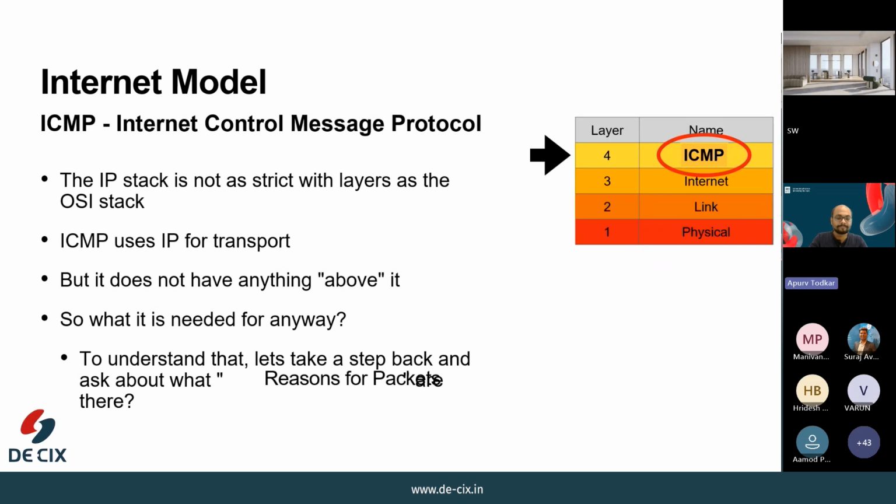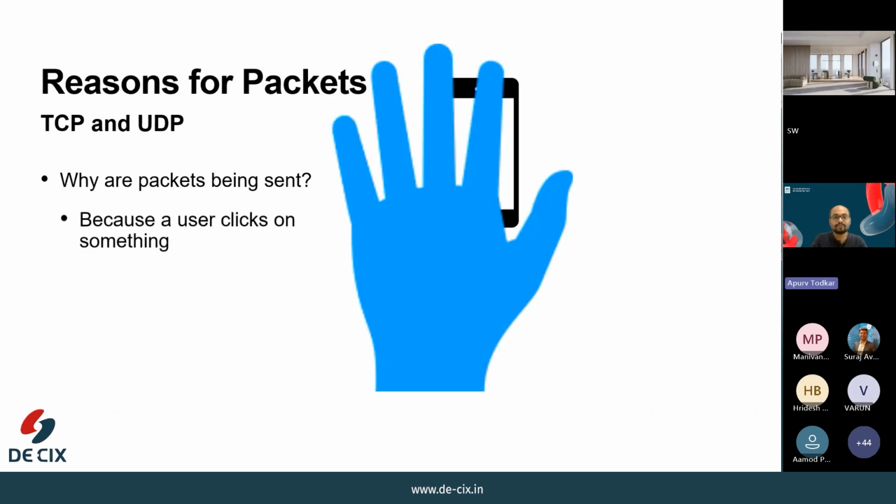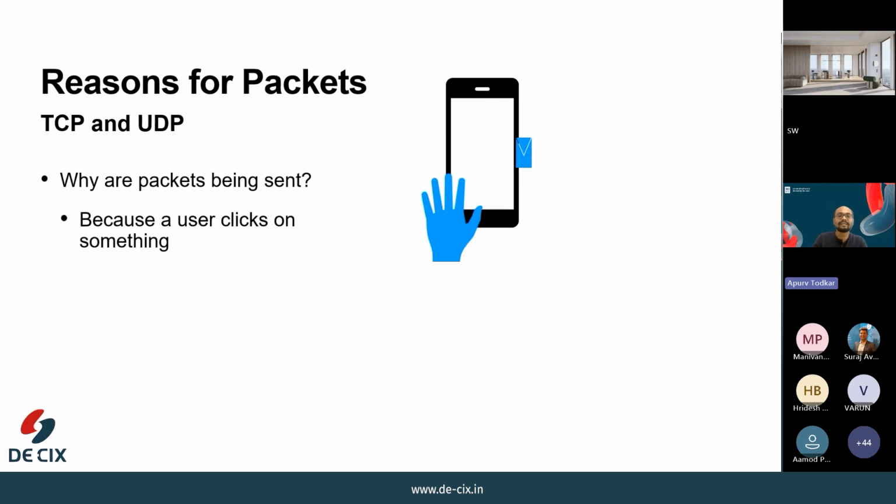To understand, let's take a step back and talk about the reasons why packets behave the way they do in a network. We need to consider the situations that can arise while packets are being transmitted, and that's where ICMP plays an important role. So why are packets being sent in the first place? Usually it's because a user takes an action.